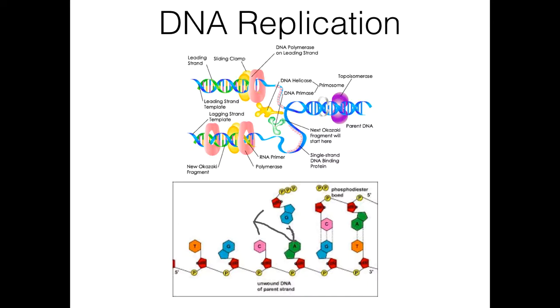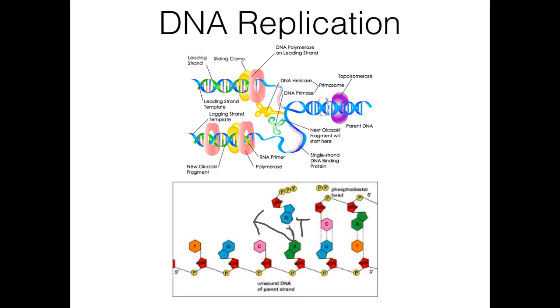When a T comes in, it will stick across from it, and note that what's coming in is called a nucleotide triphosphate. So it's got the base, and then it's got the sugar, and then it's got 3 phosphates. Remember how we said that the phosphate-phosphate bond in ATP was really, really energetic? It stores a lot of energy.